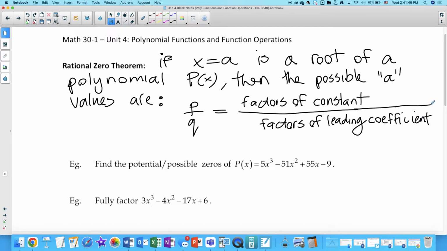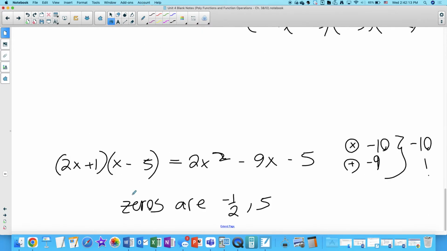Now, this is actually true if the leading coefficient is 1 as well, except that all of the factors of the leading coefficient are 1. So what we end up with is factors of the constant over 1, which is just factors of the constant. Now, if we think about what I just showed you in the previous example with this quadratic, the actual zeros were -1/2 and 5.